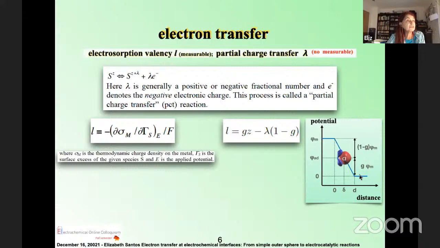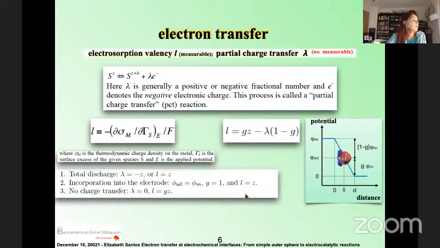We have this geometrical factor G, and we see that the charge that we measure is not the partial charge transfer; it is related to that. Only in some cases, when there is a total discharge or incorporation of the electron, or when there is no charge transfer, are the lambda and the electrosorption valency equivalent.